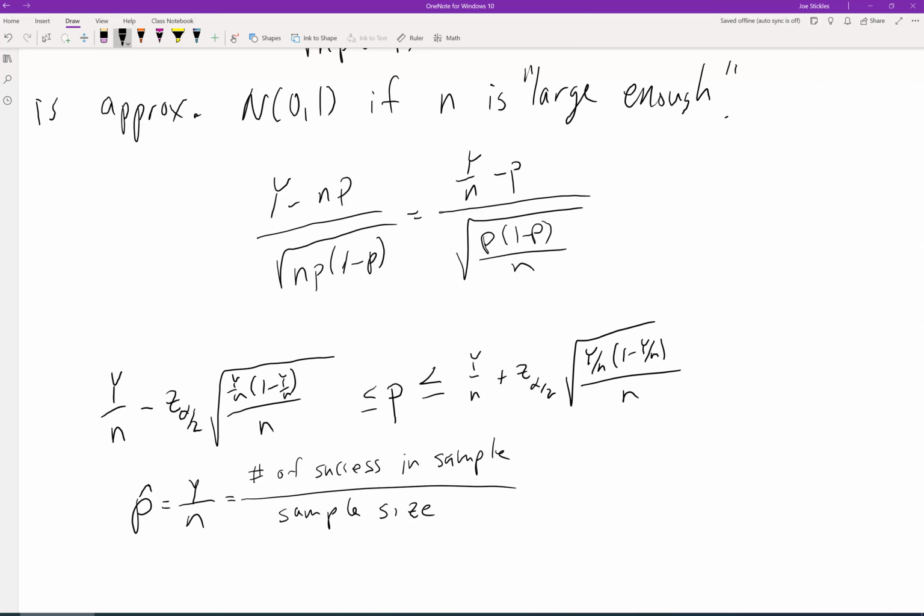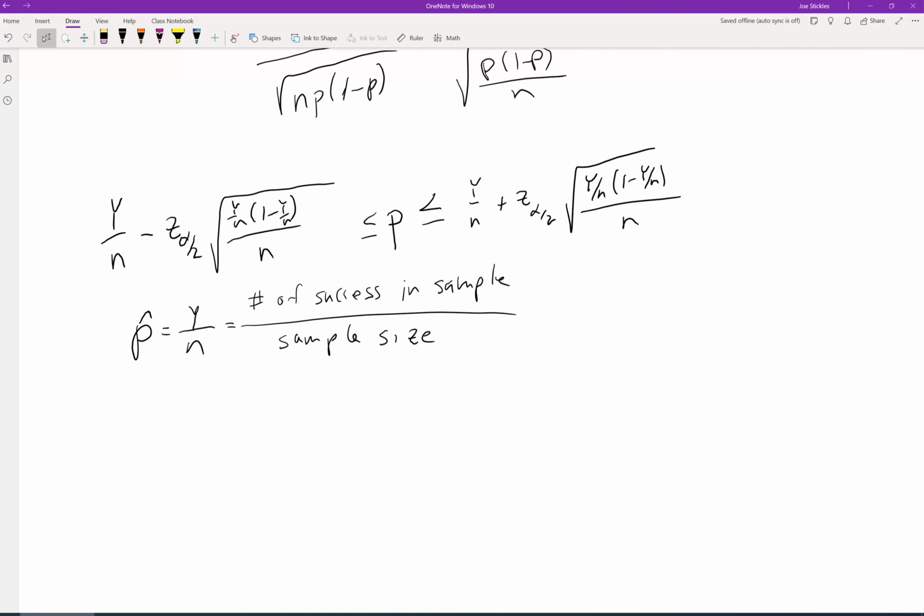All right, so let's see if we can do an example here. This is number 6.5-1. There's a machine shop that manufactures toggle levers. There are 24 flawed levers in a sample of 642.